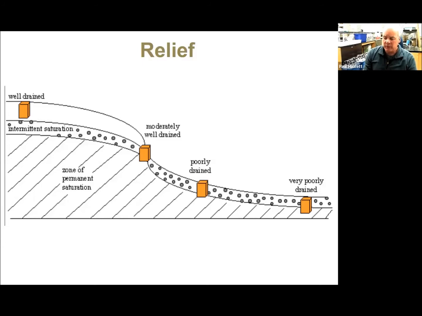So the soil, even though these soils are quite close together and could experience the same climate, the same parent material, the drainage condition of each site, the relief, will alter the development of the soil in many different ways by saturating it, by excluding organisms that need air to live. So relief is an important soil forming factor as well.